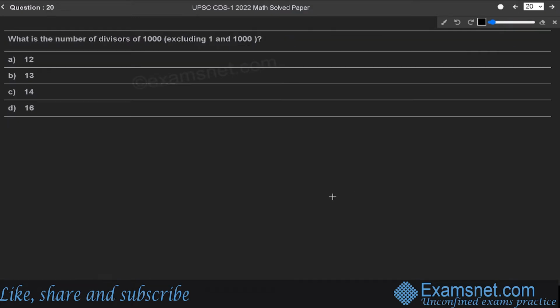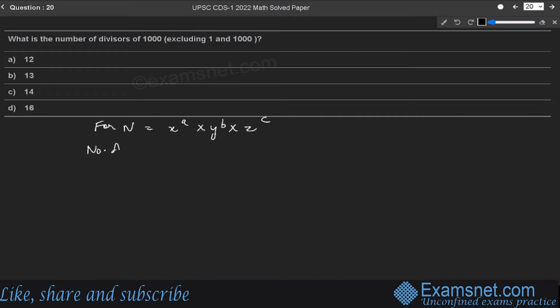Next question is, what is the number of divisors of 1000 excluding 1 and 1000? For this particular question, we have to use a formula: for n equal to x to the power a into y to the power b into z to the power c, where x, y and z are prime numbers and a, b and c are their powers.